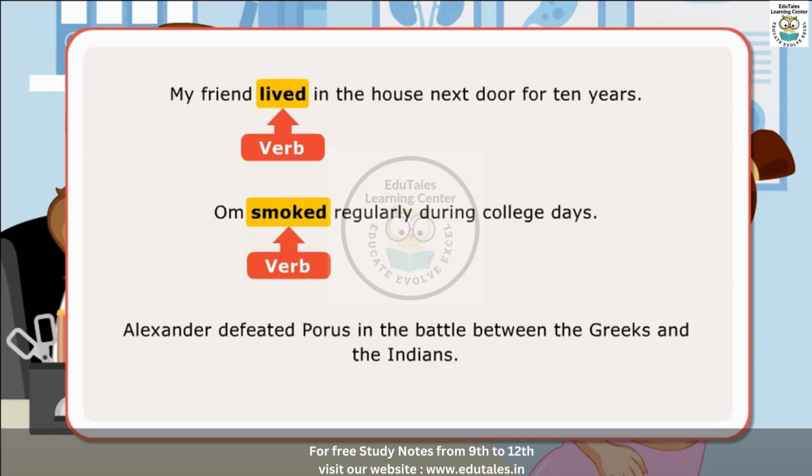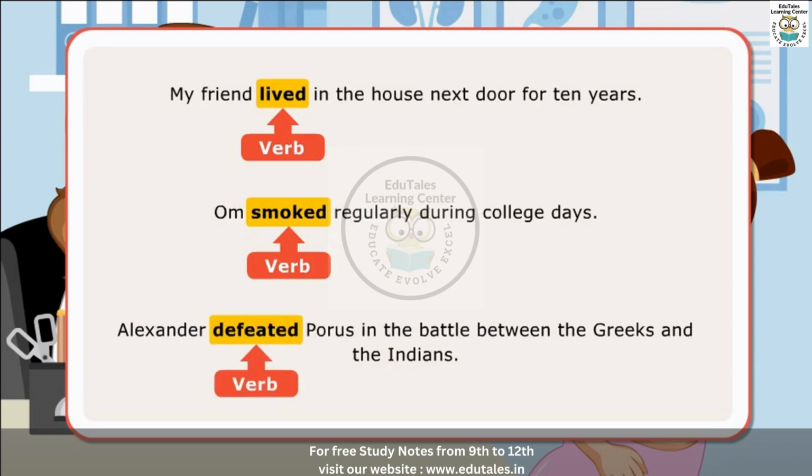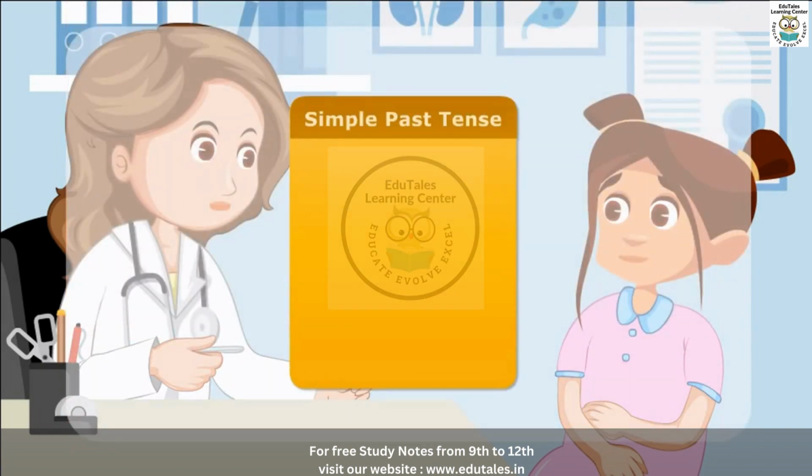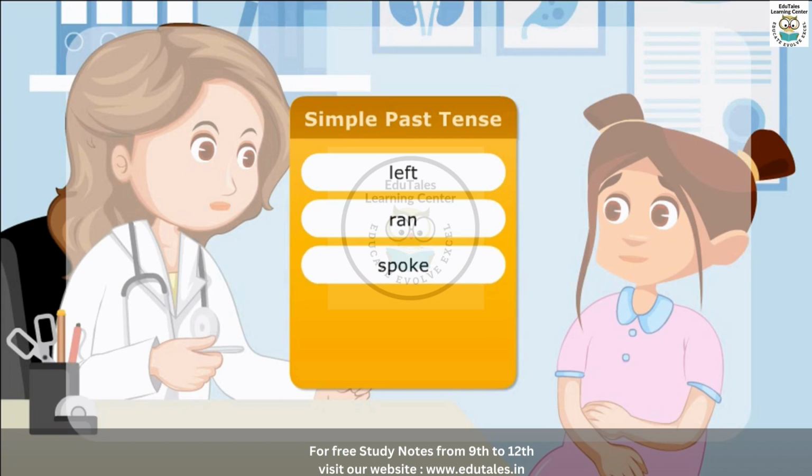In the third sentence, the verb defeated is again simple past tense since it speaks about an event that occurred in the past, its time being implicit. Here are few more examples of use of simple past tense. Left, ran, spoke, smiled, gave.